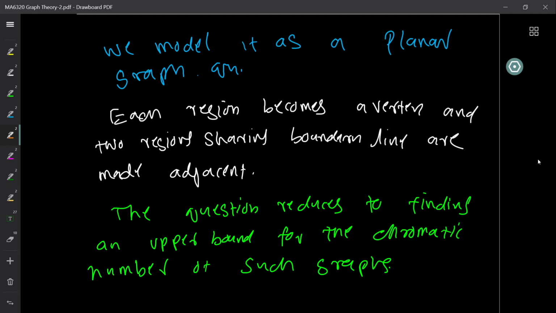So you want to color so that adjacent vertices, which share a boundary, do not get the same color. It is the same chromatic number question we defined for the exam scheduling, so that solution will be applicable here also. But since we are looking at a special type of graphs, the numbers that turn out may be different. That's the only difference.